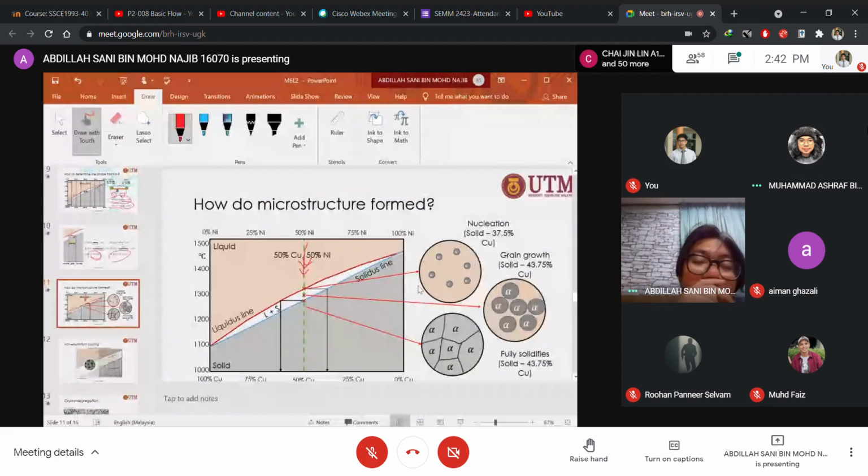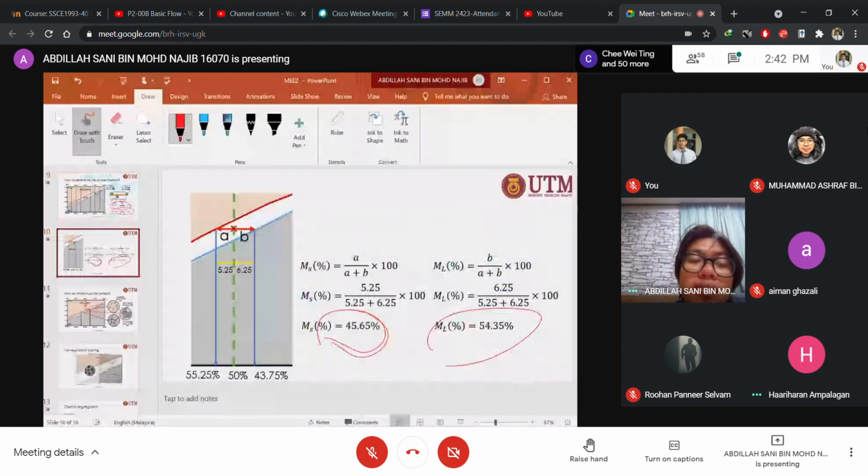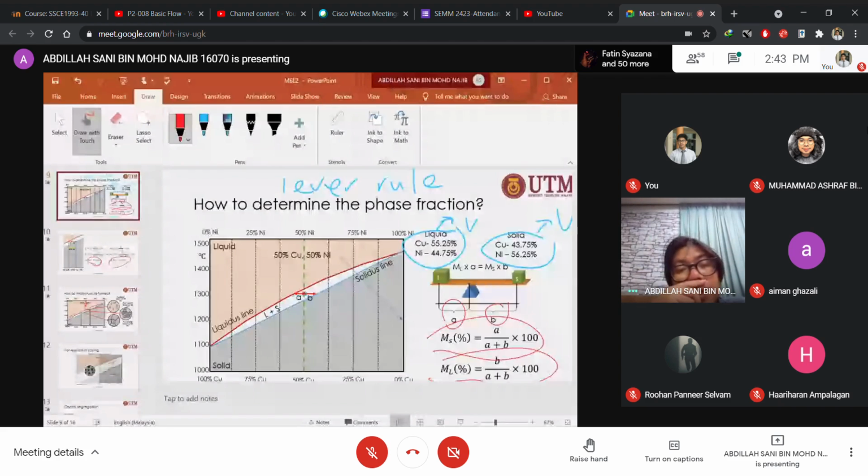Level rule dah kan? I think the previous slides are basically this one. Yes. Okay. So the level rule, what I was sharing, is used to understand, okay, we have this amount of composition, 50 and 50, and we have this 1300 degree.